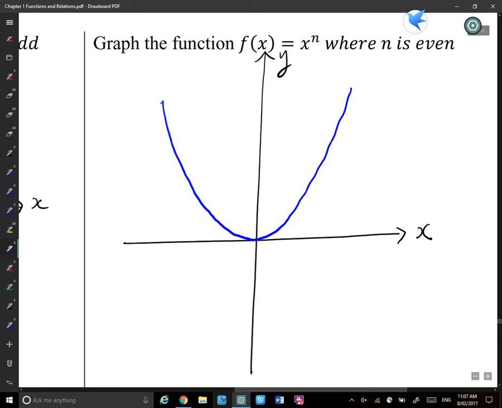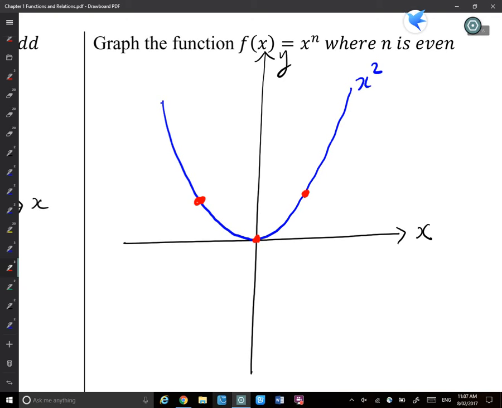Okay, that's a perfect quadratic. That's x to the power of 2. And I know I will have a point of intersection at 0, 0. I will have points of intersection at 1, 1, and negative 1, 1. If you think about it, 1 to any even power will give you 1, and negative 1 to any even power will give you 1.